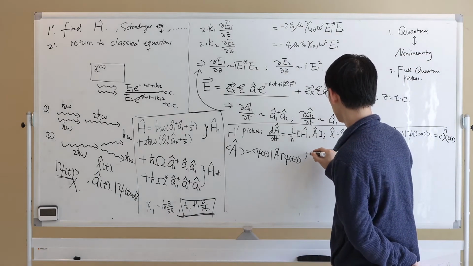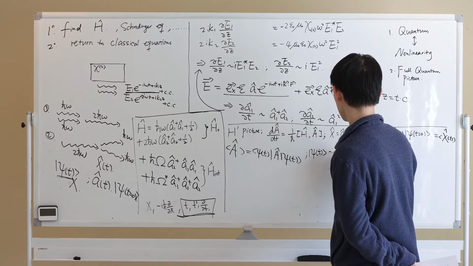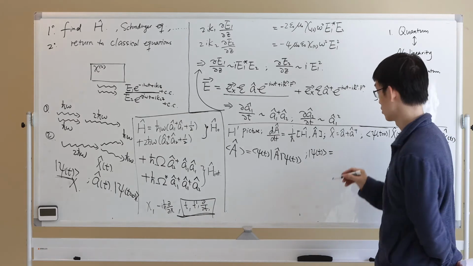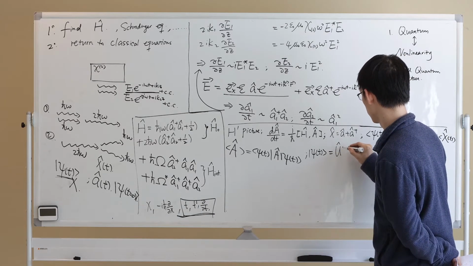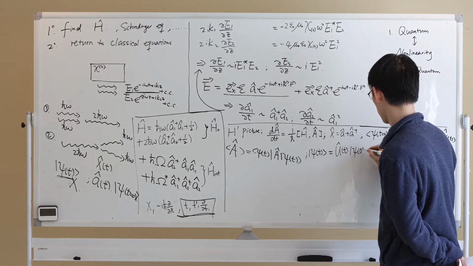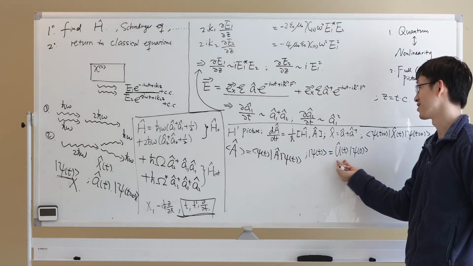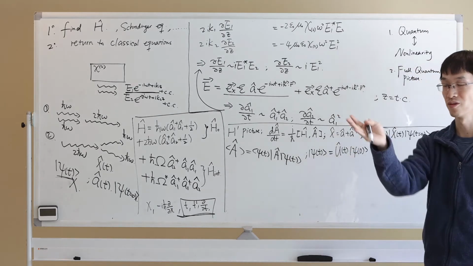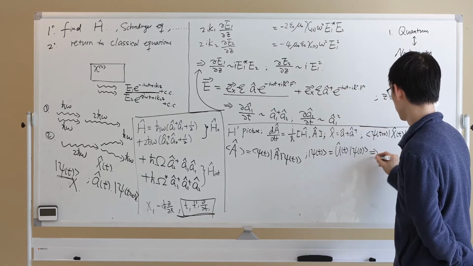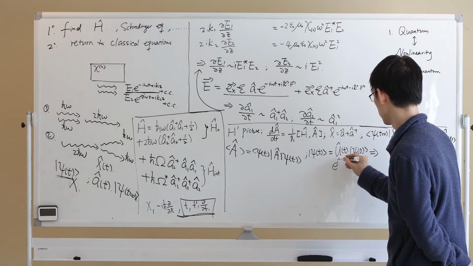You can derive this from the assumptions of quantum mechanics. If you think psi t comes from the evolution operator acting on the initial state, it must come from the initial state, and then there's an evolution to evolve your state into this state.